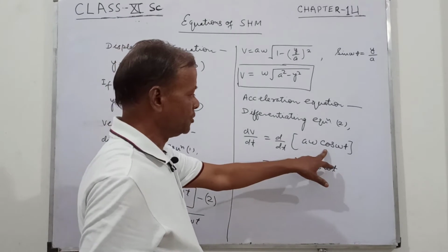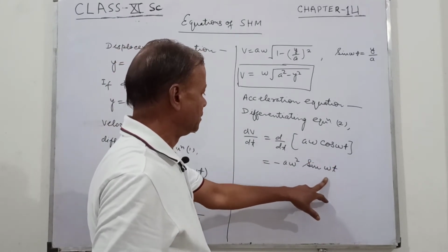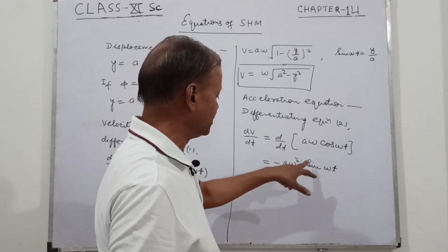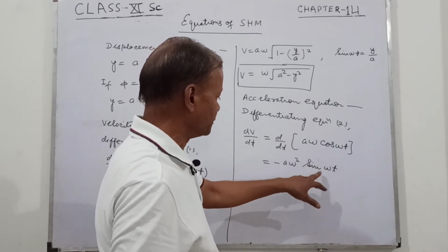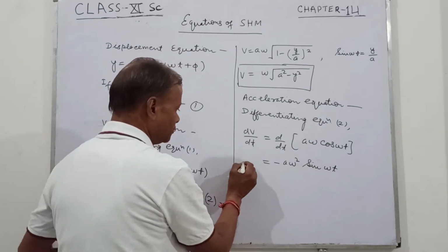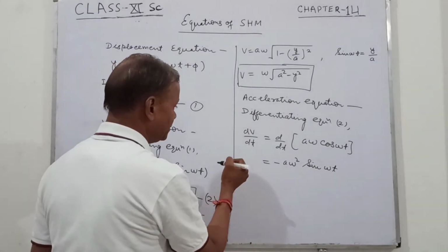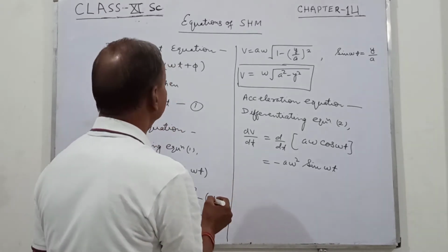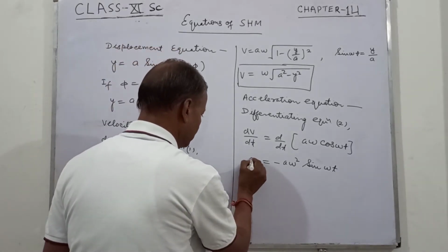The differentiation of cos will be sin with a minus sign and multiplied by omega, so omega into omega is omega square, and cos will be converted into sin. So minus a omega square sin omega t. This is now acceleration, which we denote by alpha.